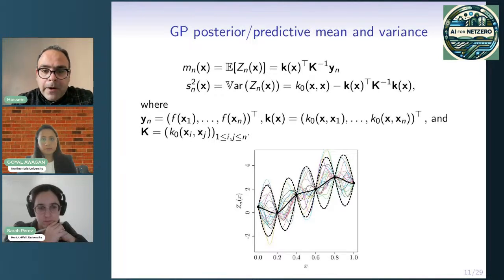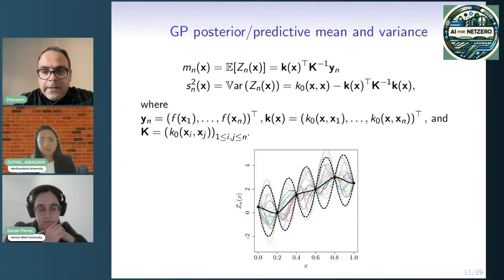I really don't want to focus on these expressions. We just use the posterior mean and the posterior variance a lot in our method. Please, it's good to remind these two notations.